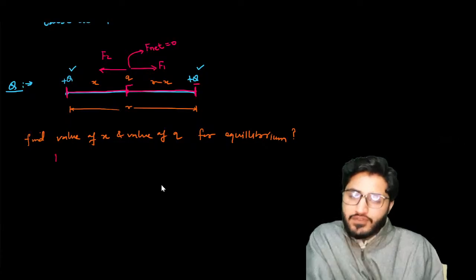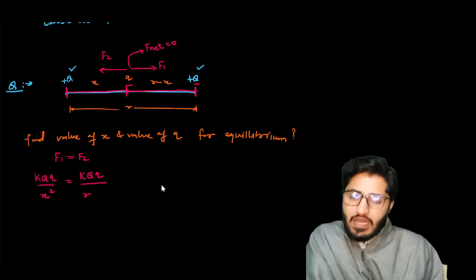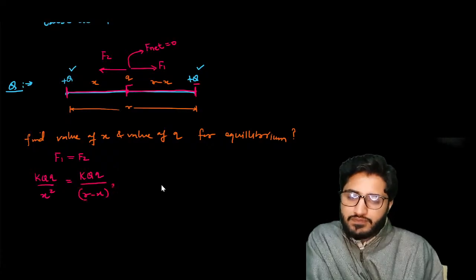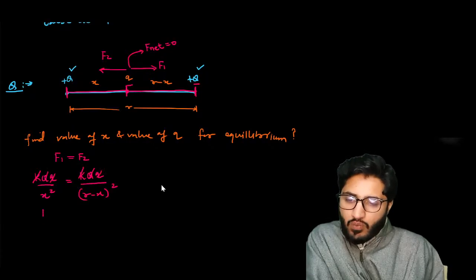Can I write now F1 is equal to F2? F1 would be kQQ divided by x square. F2 would be kQQ divided by (r minus x) whole square. K cancels out, Q cancels out. So I have 1 by x square is equal to 1 divided by (r minus x) whole square.